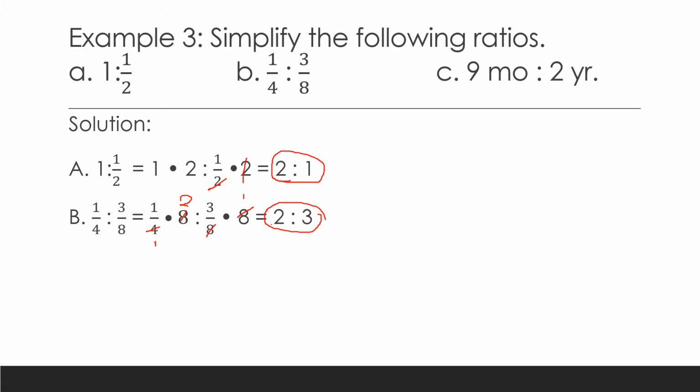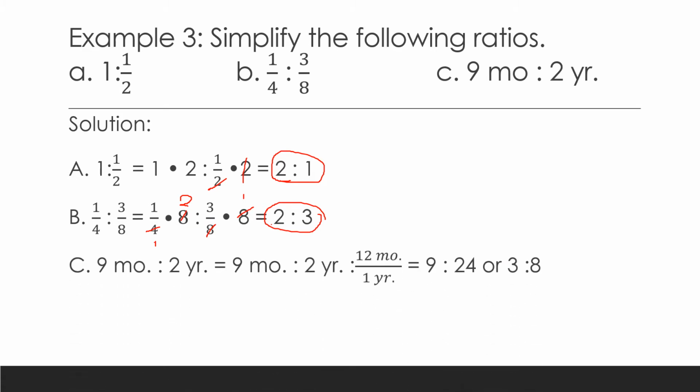Next, letter C. We have 9 months is to 2 years. Now remember, there are 12 months in a year. So 9 months is to 2 years, let's multiply this by 12 months over 1 year, then cancel out.